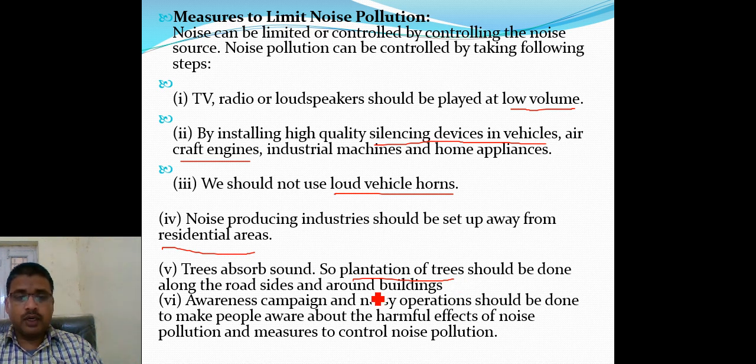And there should be an awareness campaign, so that everybody understands what noise is and how very harmful it is for any human being. That's why the awareness campaign should be there. These are the points by which we can control noise pollution.